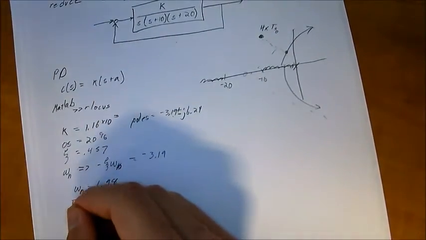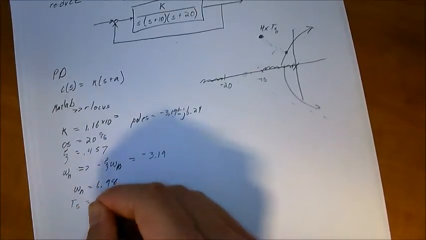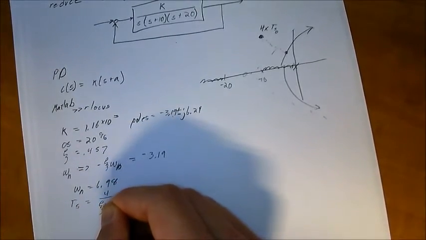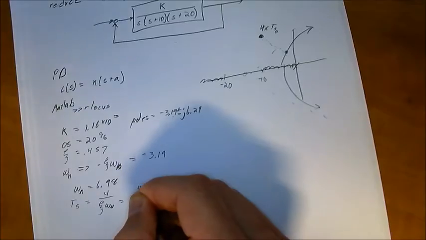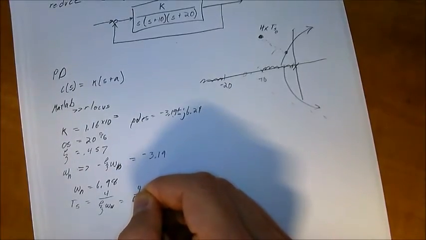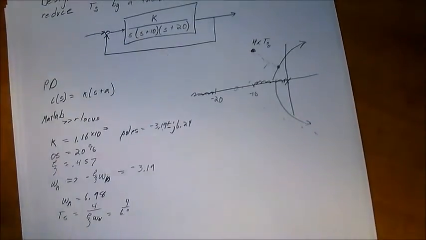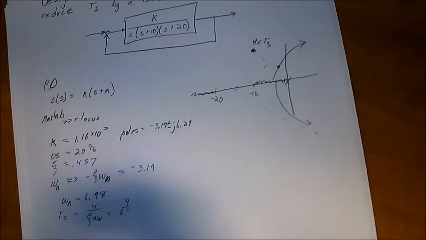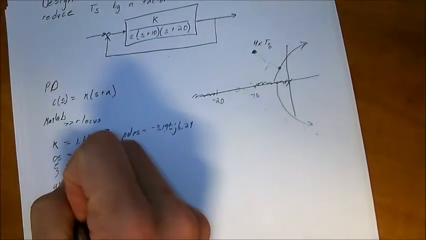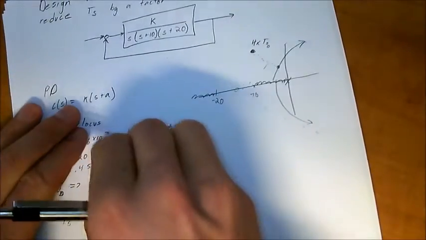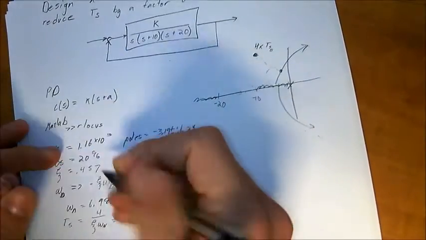And then your settling time, also another equation, is 4 over zeta omega n. Excuse me, let me grab my eraser. This is omega d. I'm sorry, apologize for that.